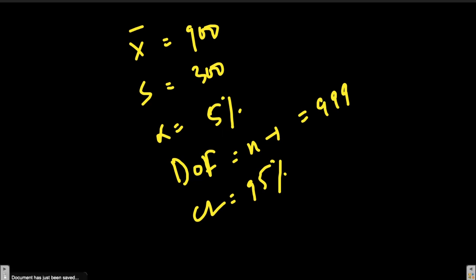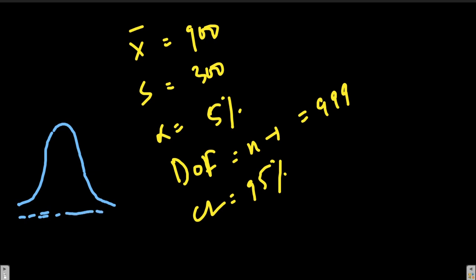Here, there is one thing you have to remember: this is for a two-tailed test, the 95% given here. So essentially, if I draw a distribution, it will look like this. It's not a great normal curve, but something near normal.